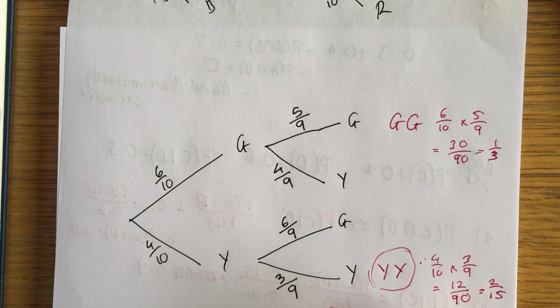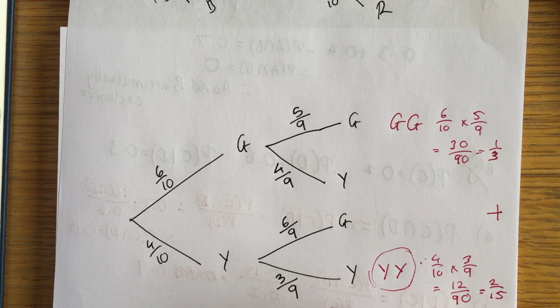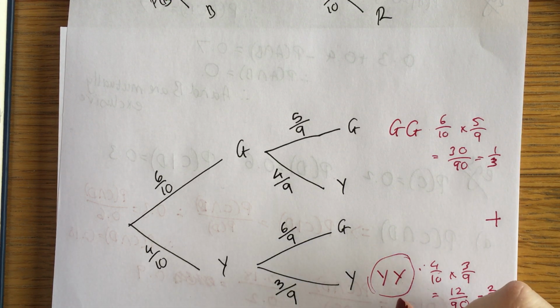So 2 out of 15 divided by, well, I need to sum these together. So 1/3 add 2/15. And I can just put this straight into my calculator. So 2/15 divided by 1/3 plus 2/15, which is 2/7.